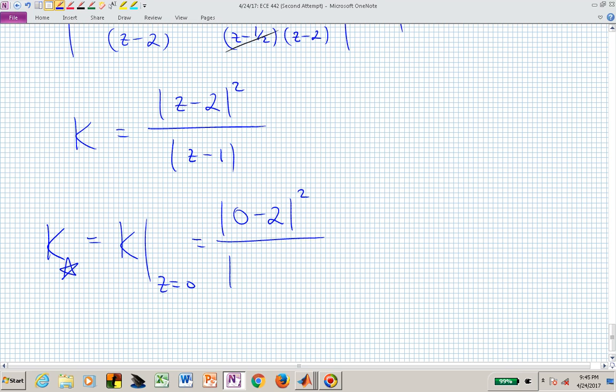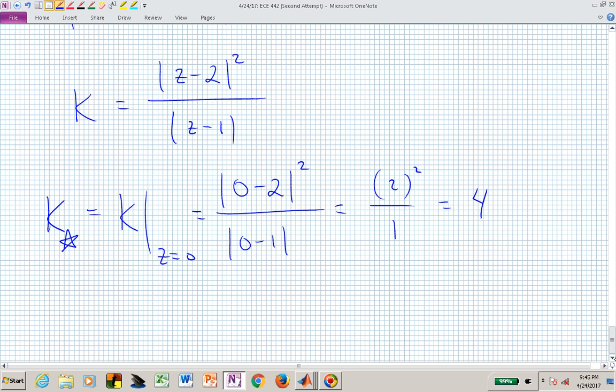If all of our poles are at the origin, we now have a deadbeat response, and that will be possible with a gain of 4 over 1, or 4. So with a gain of 4, we now have a deadbeat response.